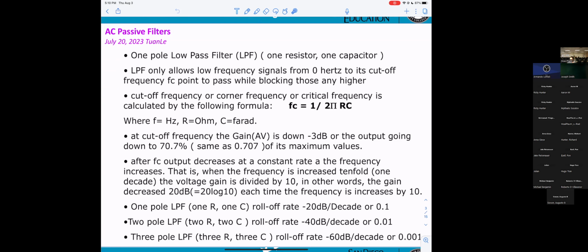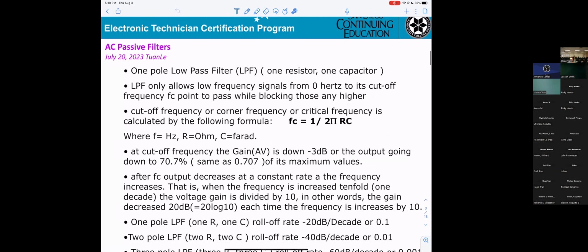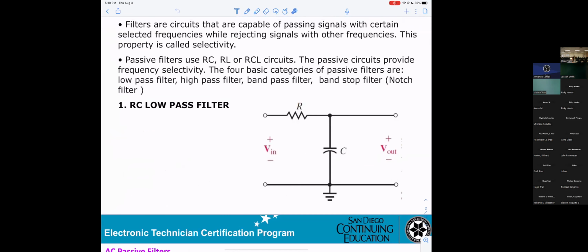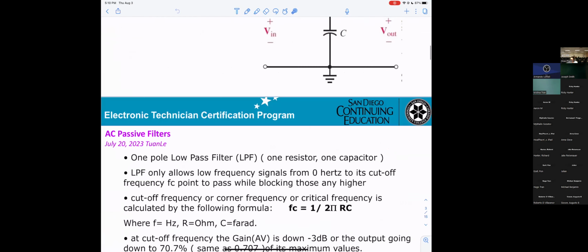First thing we're talking about is one pole low pass filter. Now you get 1 pole, 2 poles, 3 poles, and so on. In order to know that it is 1 pole, you get only 1 resistor and 1 capacitor. Exactly what you can see here: 1 resistor and 1 capacitor, 1 pole.